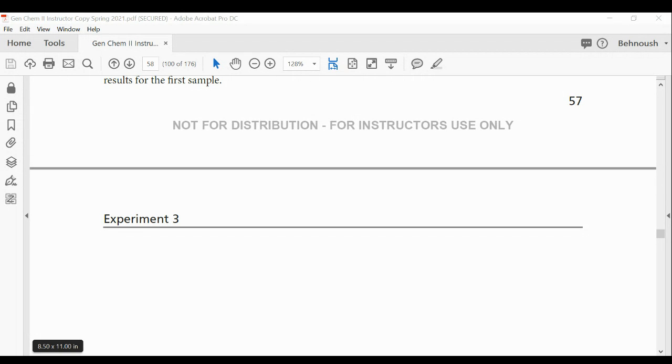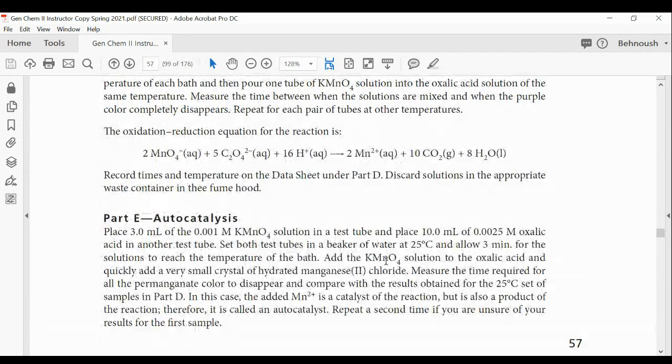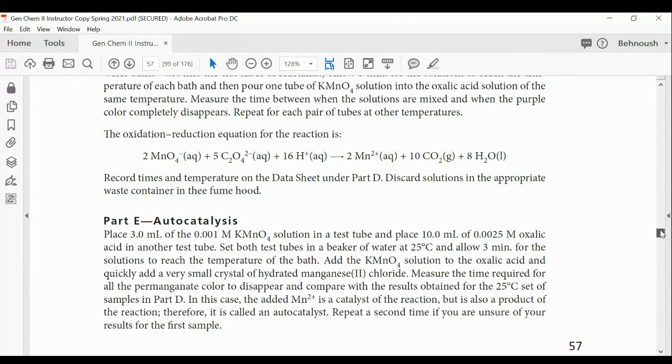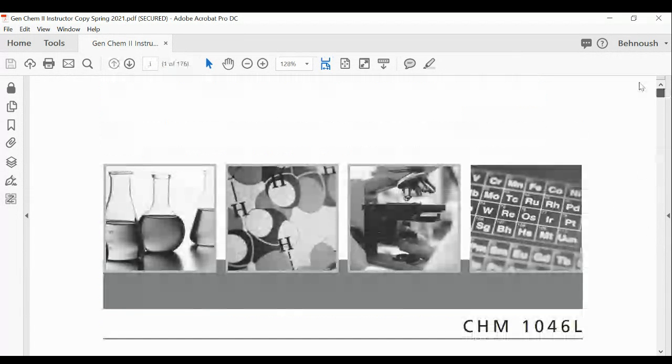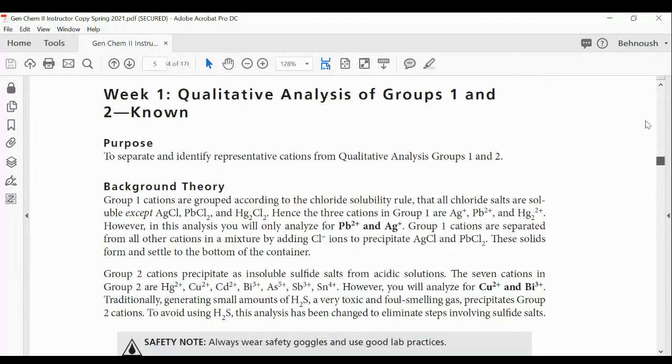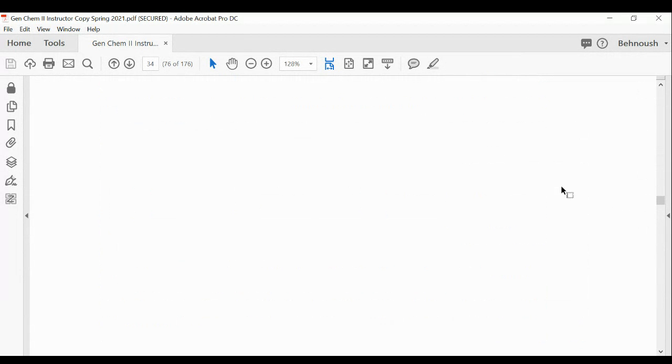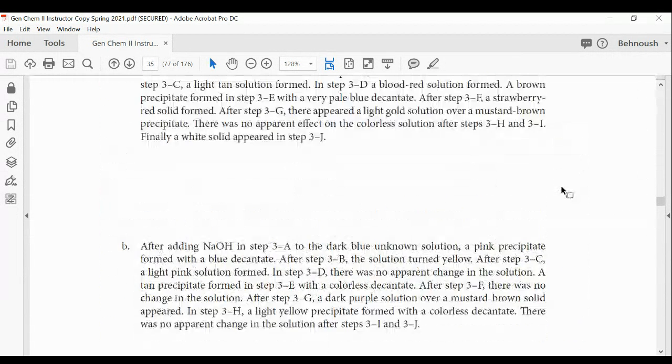Instead of that, let's look at the page. I had it open because I was grading. I think it was the page 22 flow chart. Let's look at the flow chart for group 3. Okay.